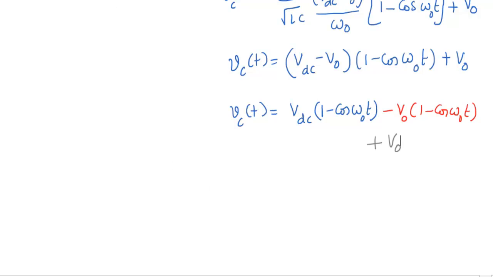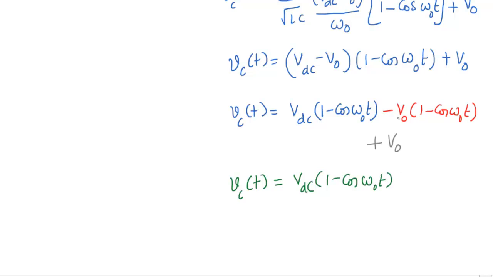So now if you rewrite this, finally you can see that the voltage across the capacitor in the given circuit after turning on the switch is nothing but VDC into 1 minus cos omega naught t.